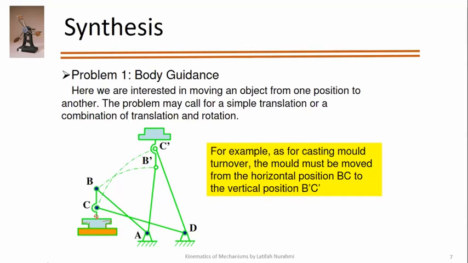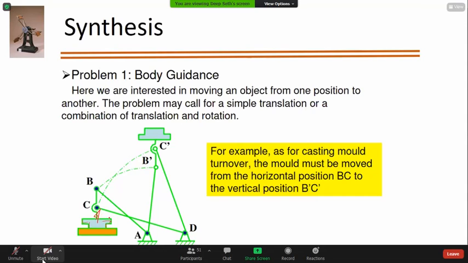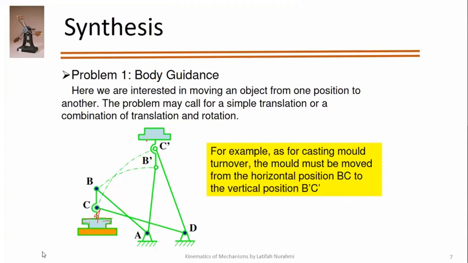You just have to pull it some way like that. The plate will always stay horizontal, so when it comes out it is horizontal, and it becomes horizontal over here as well.